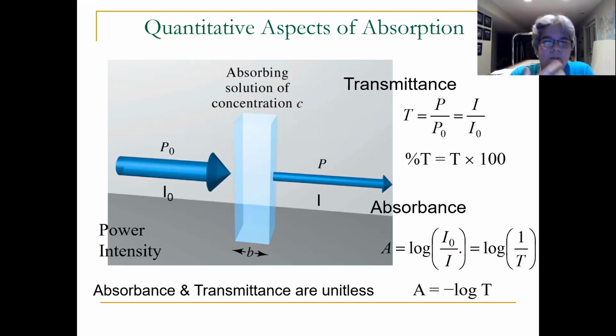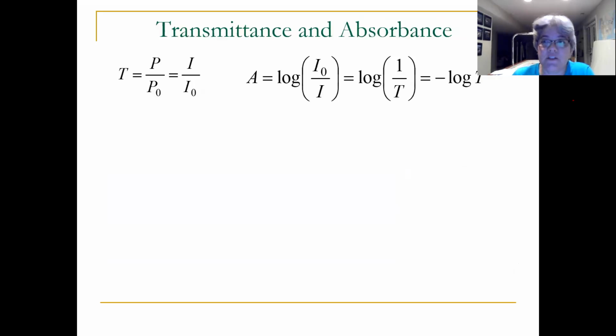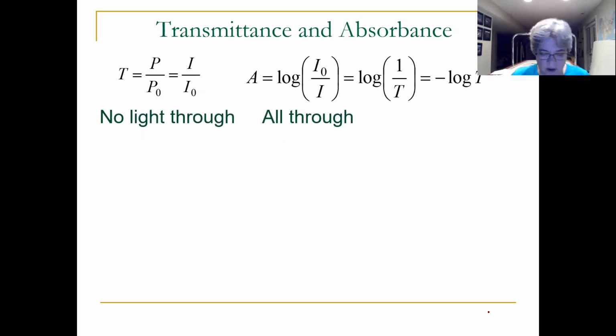Let's get a better feel for what kind of numbers we're talking about. These are the equations for transmittance and absorbance. Take the case where no light goes through. You have your sample and the light's going through and nothing comes out. So P or I is going to be 0 at the end, so the smallest that T can be is 0. That's the bottom end.